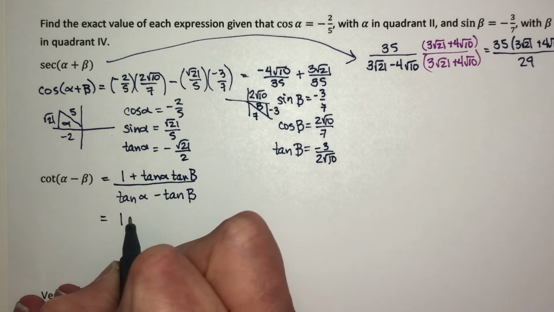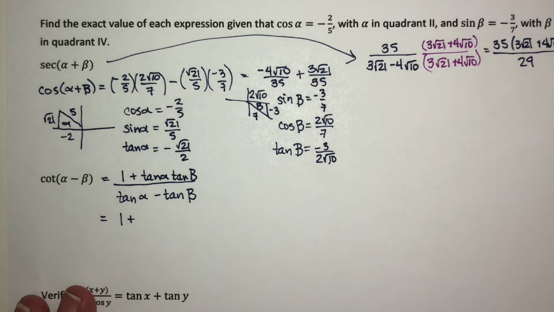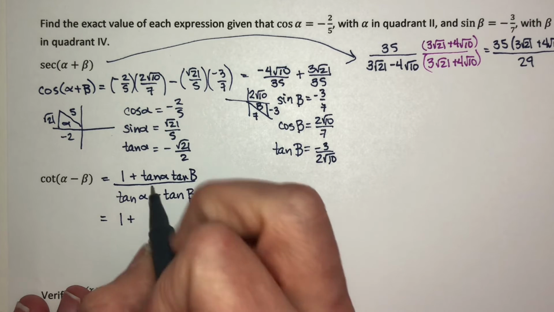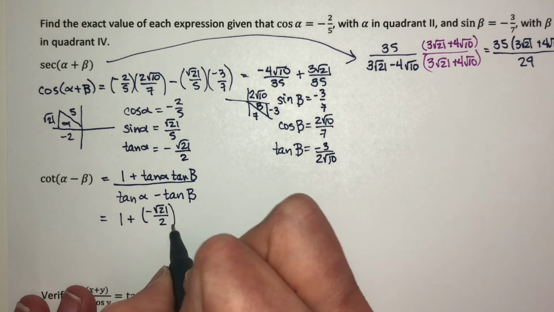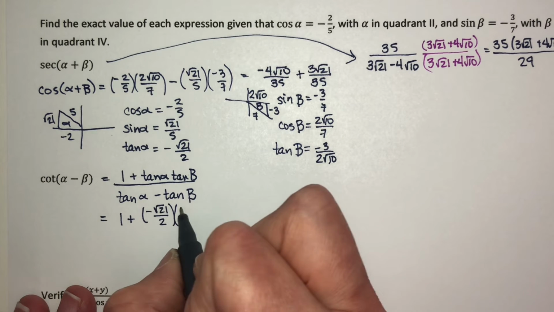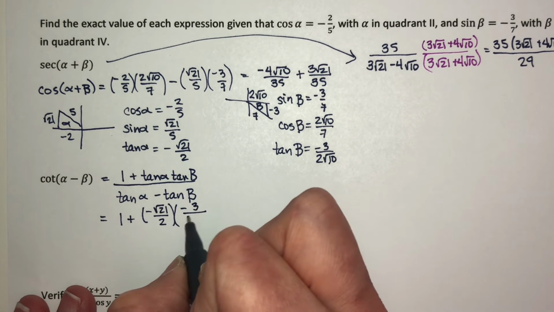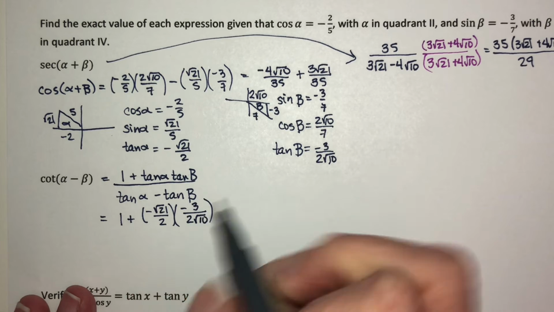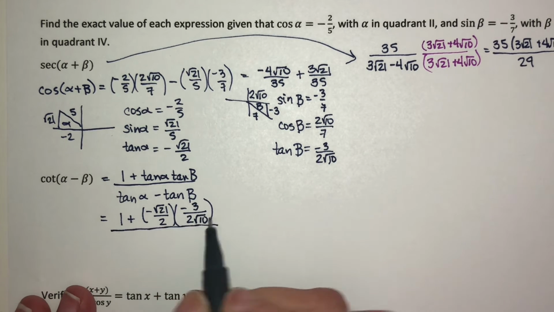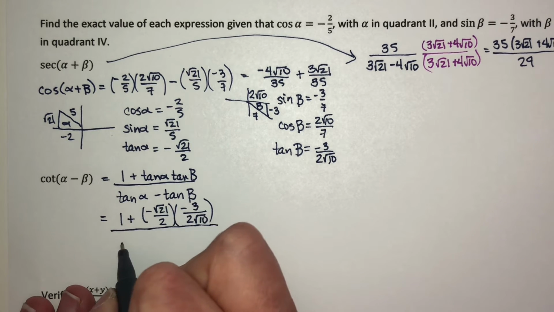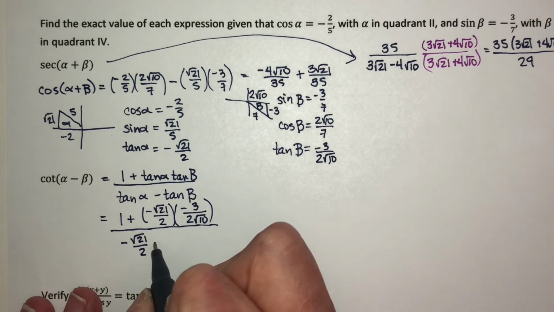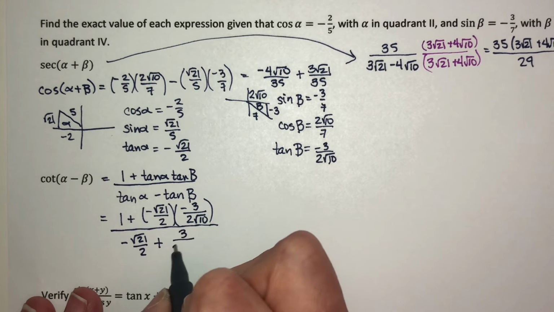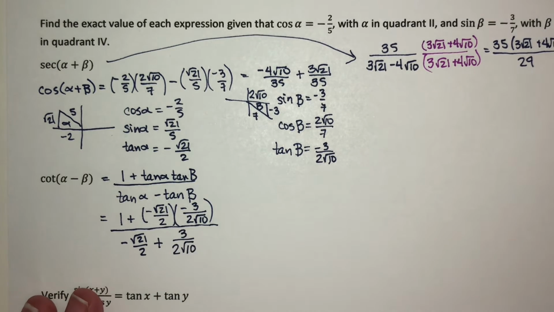So we get 1 plus tangent of alpha is negative square root 21 over 2 times tangent of beta is negative 3 over 2 square root 10 over negative square root 21 over 2 minus a negative here, so that's plus 3 over 2 square root 10.